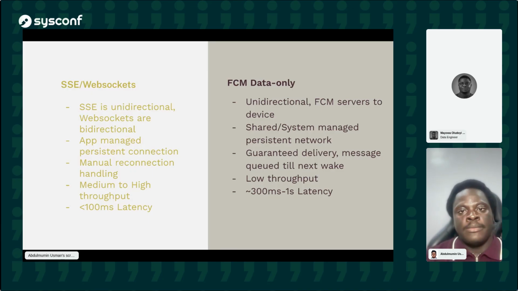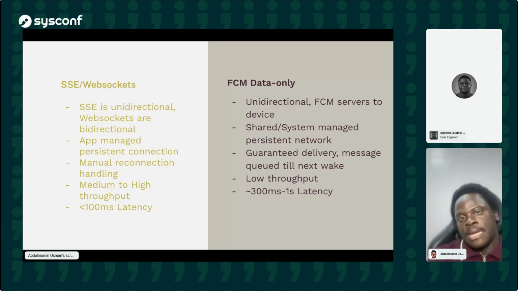So FCM also has a shared, persistent network, which is used system wide. Every app uses just one persistent network, which is demultiplexed based on your app bundle ID. So just one connection, then it routes to wherever it's coming from, as opposed to SSE and WebSockets, which are managed by each app process.